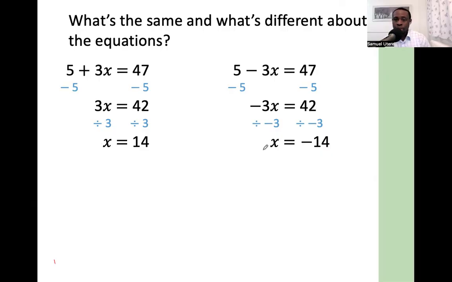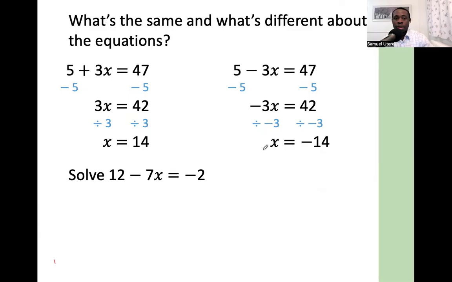Have you noticed something? 42 is positive, but the number dividing 42 is negative 3. And did you remember what we learned about our signs? When you divide a positive by a negative number, you get a negative answer. If you divide a negative by a positive, you still get a negative answer.